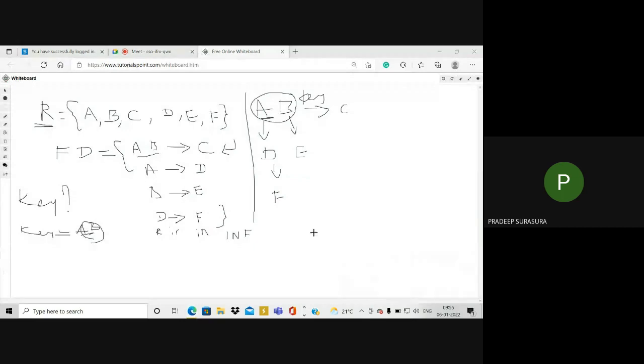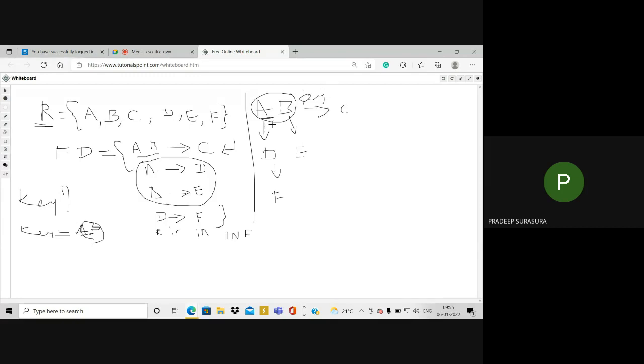Now, don't worry about D determines F, since it's a transitive dependency. Now, what did you say? You said that these two FDs violate second normal form. Now, since you have this diagram, from this you can understand how to break the tables.